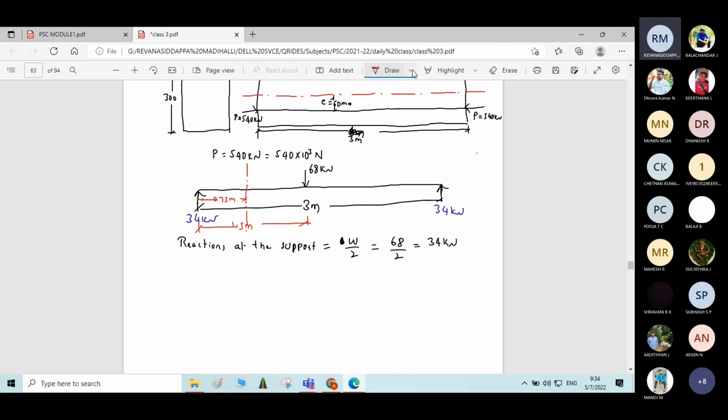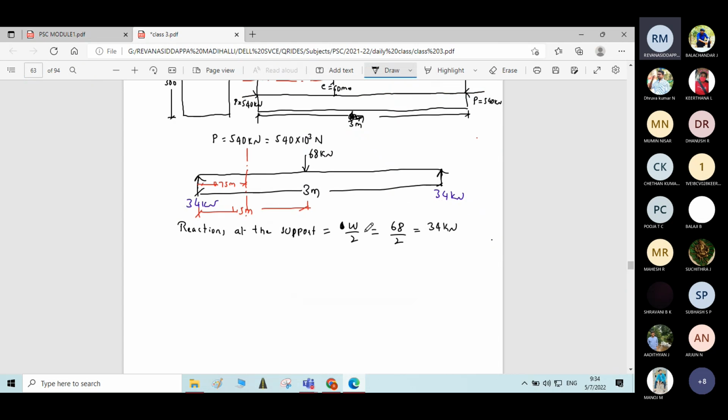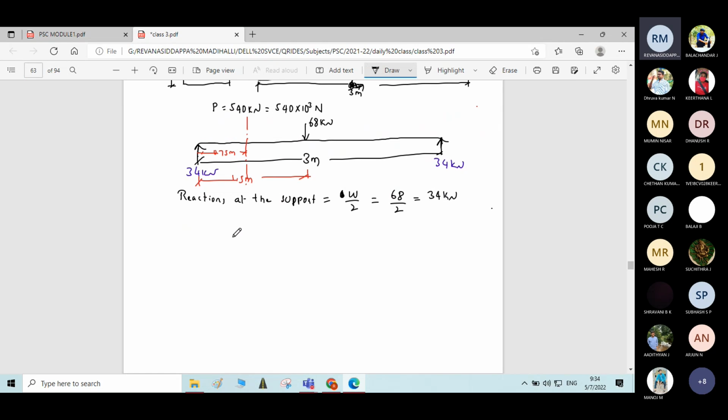Now you can easily find the moment. You got the reactions. Moment at support will be 0 only, because it is a simply supported beam. Moment at quarter span will be equal to 34 into 0.75, and there is no loading between 0 and 0.75 meter.